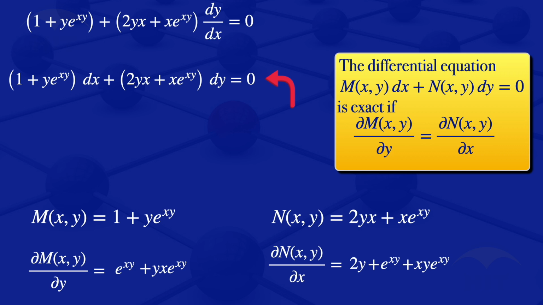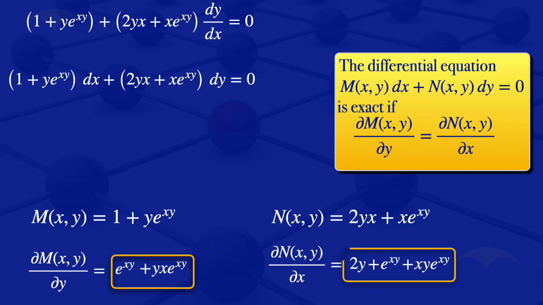Now for this differential equation to be exact, we said these two partial derivatives must be equal. But the partial derivative of M with respect to y is e^(xy) + yx e^(xy). The partial derivative of N with respect to x is 2y + e^(xy) + xy e^(xy).